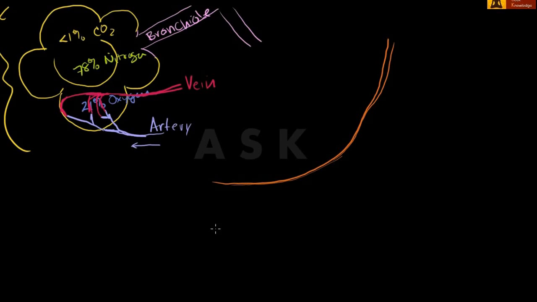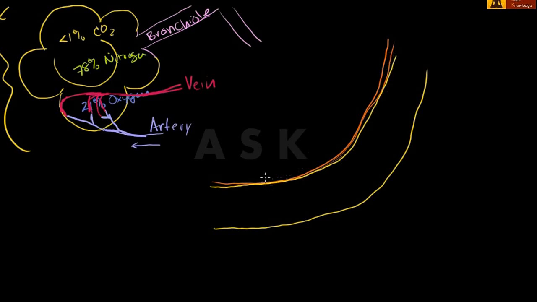So this is the capillary that's running right along the surface, just like that. And this is porous to gases like oxygen, nitrogen, carbon dioxide. And what we have here, let's say the heart is over here.